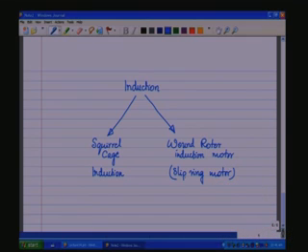As the name suggests, in this case the energy enters from the electric domain and goes to the mechanical domain.